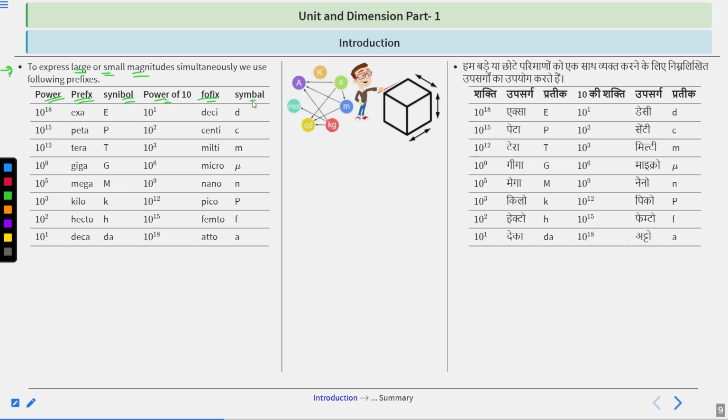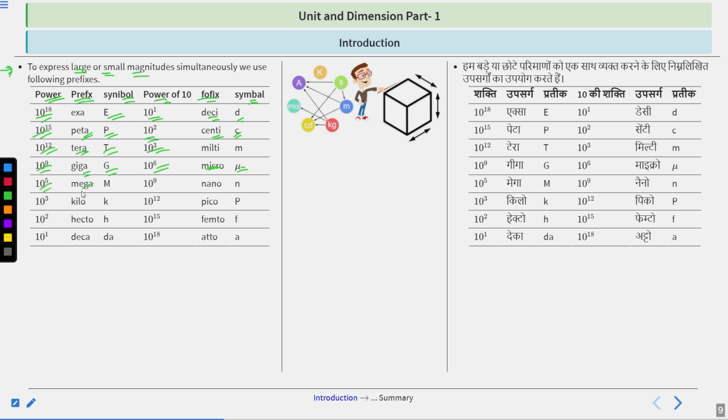Power of 10, prefix, symbol. 10 power 18, exa, E; 10 power minus 1, deci, d. 10 power 15, peta, P; 10 power minus 2, centi, c. 10 power 12, tera, T; 10 power minus 3, milli, m. 10 power 9, giga, G; 10 power minus 6, micro, µ.